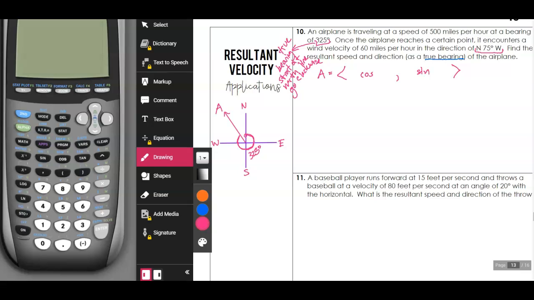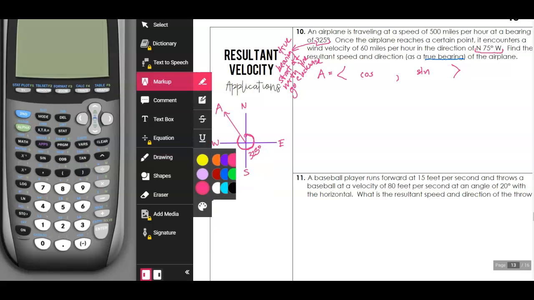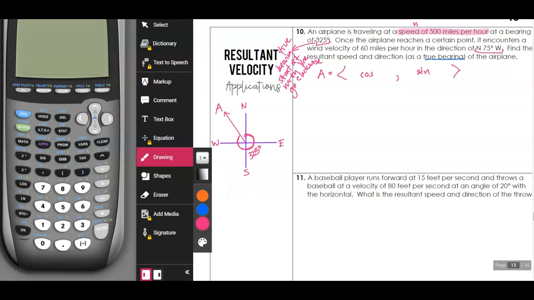What is our magnitude? Yes, an airplane is traveling at a speed. Remember, speed is magnitude. So this right here is our magnitude. So I write a 500 in front of both of these.